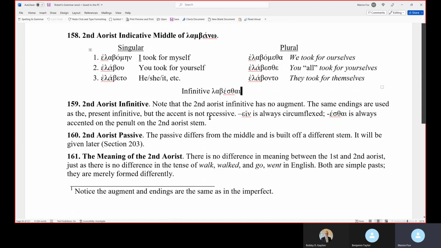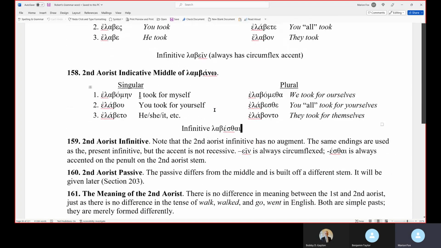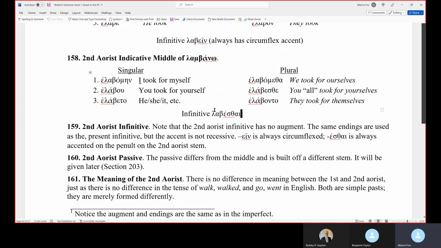The second aorist has no augment. Same endings. Let's go back here. The same endings are used as in the present infinitive. That's your second aorist infinitive. But the accent's not recessive. It's always circumflex. σθαι is always accented on the penult on the second aorist stem.